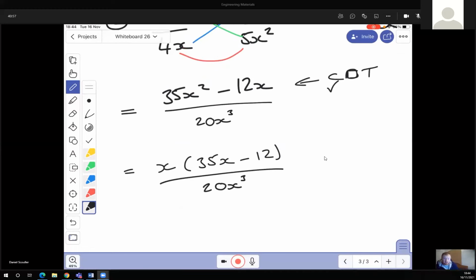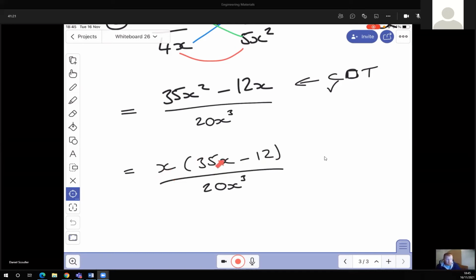Removing that x, it's now made that a multiple. So we can't do our cancellation when there's an add or subtract here. But we can take out a common factor and create a new expression for the top line.